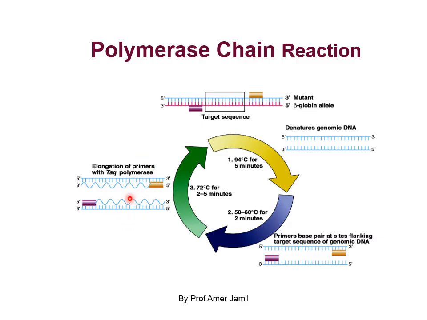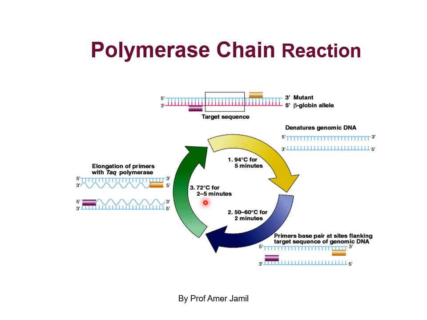This step is called annealing of the primers, and the temperature for this step depends on the melting temperature of the primers and this DNA, that is, how well they bind specifically to the DNA template.